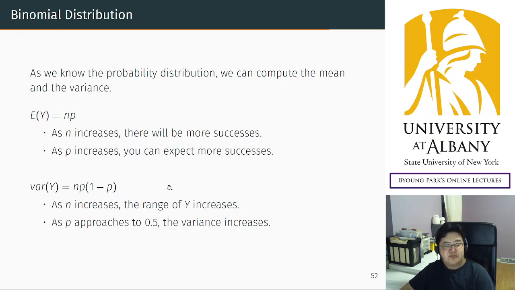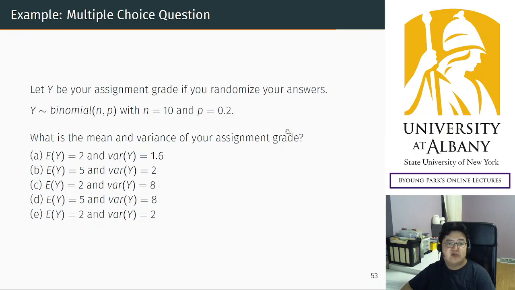Pretty easy. And then here is an example. Think about this. Suppose that y is your assignment grade. Maybe when you watch this video, you know your homework 1 grade. Say y is your assignment grade if you randomize your answers.